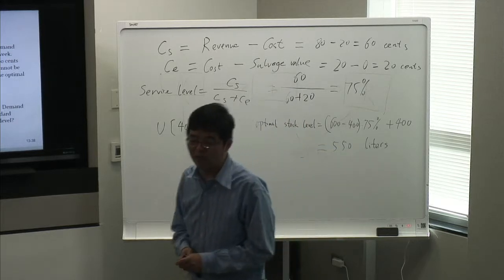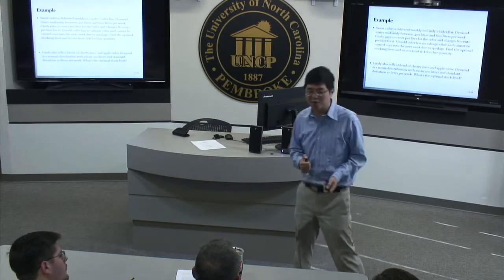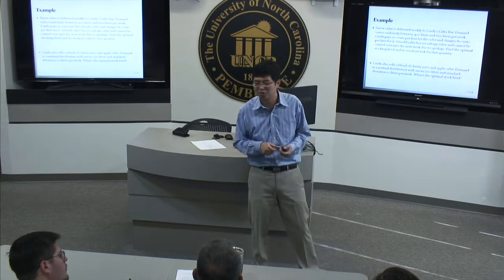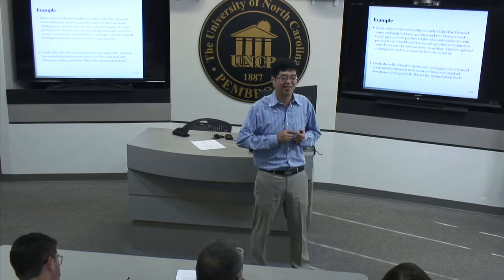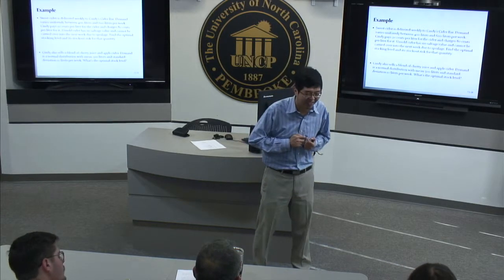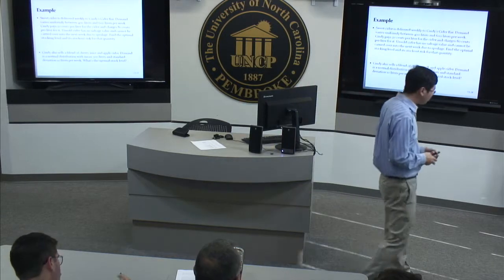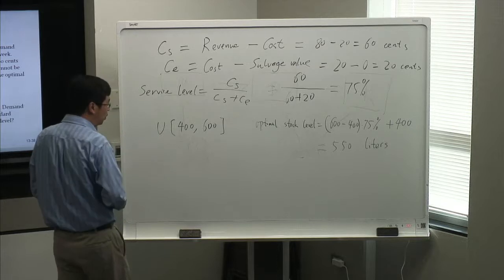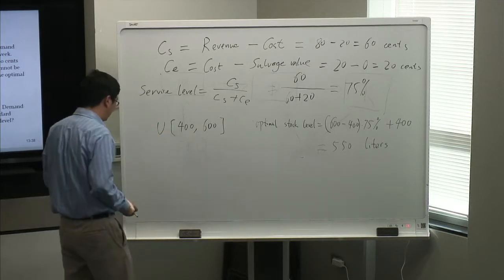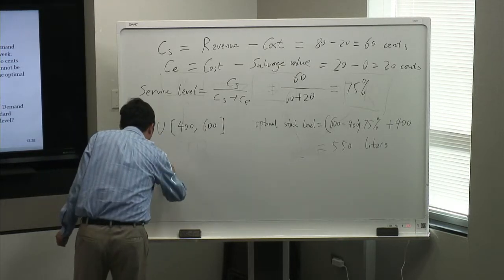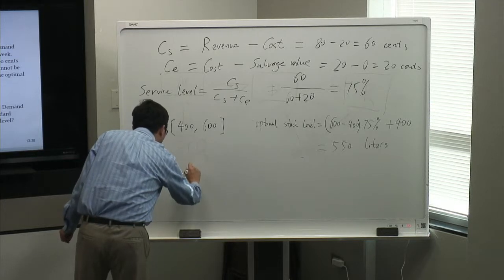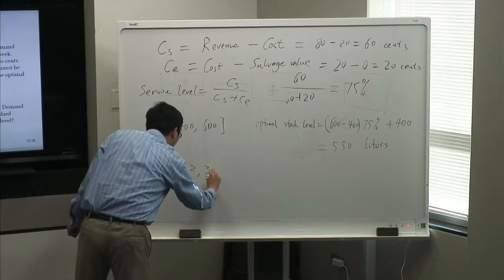I believe even after I write down this formula, somebody still has questions. You have questions? Last question, right? Why is that the formula? Okay, give a simple example. Let's not talk about 400 to 600. Let's talk about uniform distribution 1, 2, 3, 4.